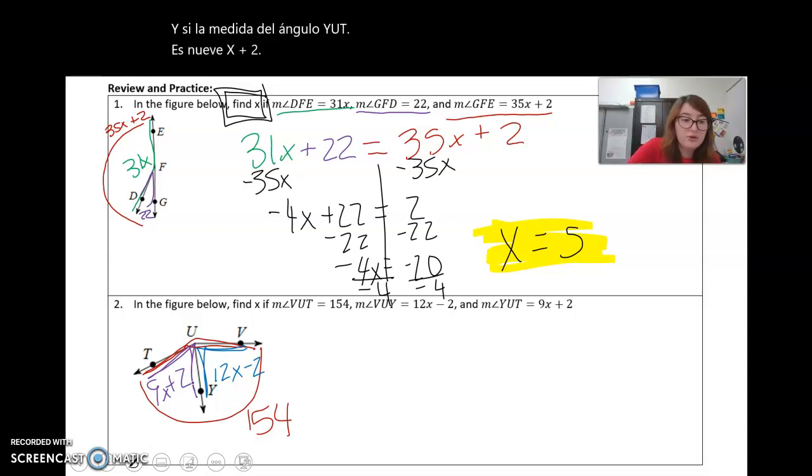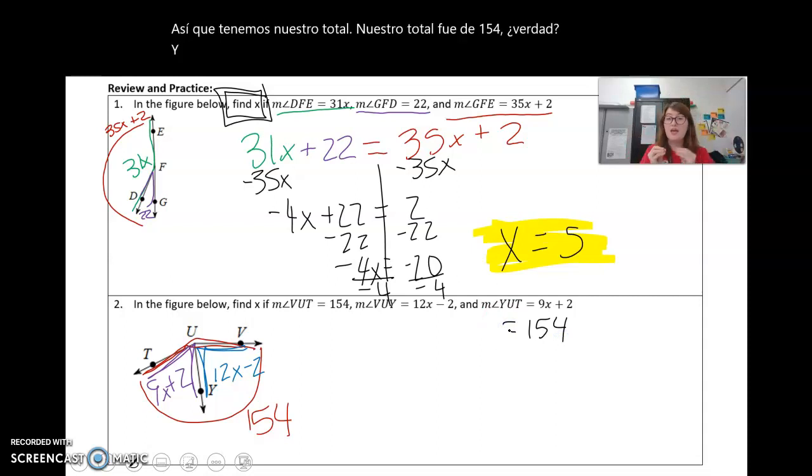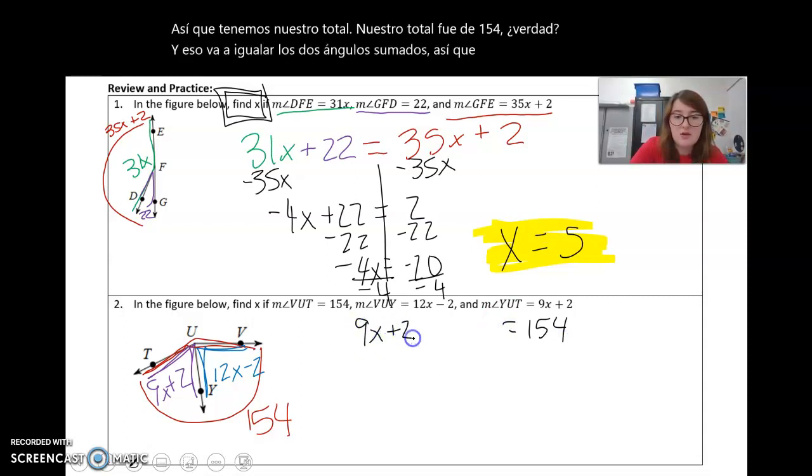So we've got our total. Our total was 154, right? And that's going to equal the two angles added together, so our 9x plus 2 plus our 12x minus 2.